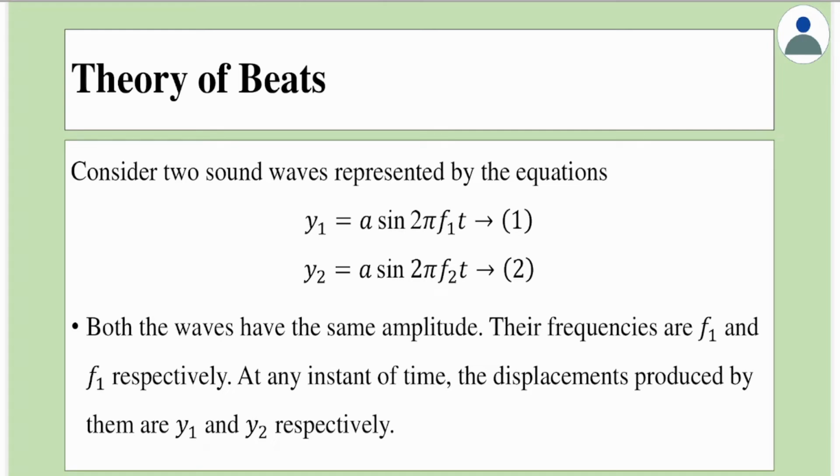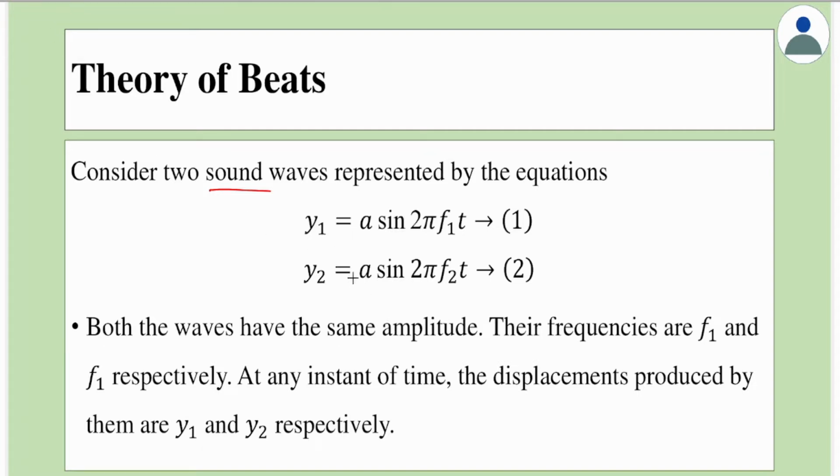Let us now study the theory behind waves. To study this, let us consider two sound waves which are represented by two equations: y1 is equal to a into sine of 2 pi f1 into t, and the other wave is of the form y2 is equal to a into sine of 2 pi f2 into t.